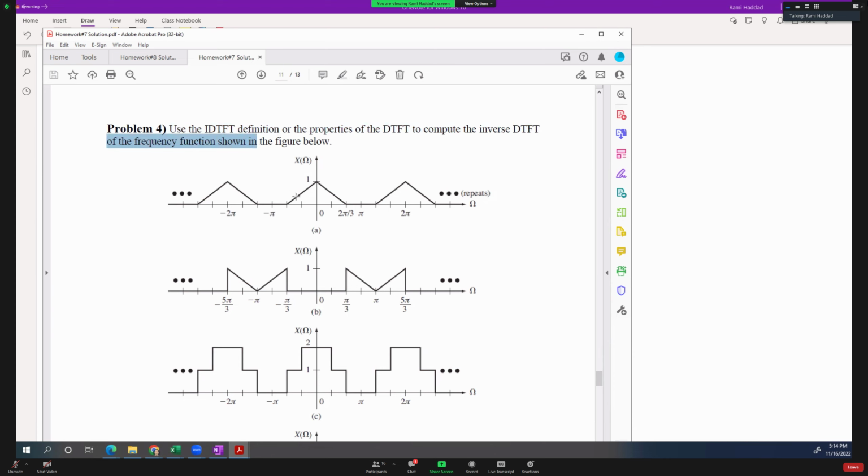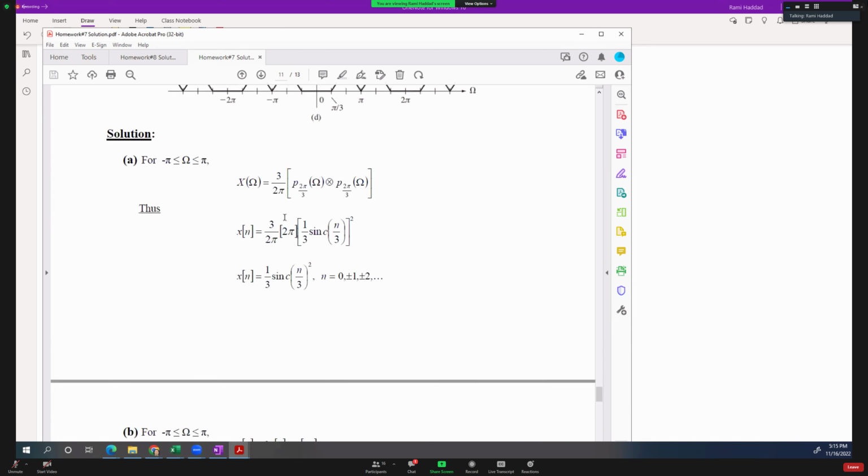So this looks like a triangular shaped function. I know from having done convolution that I can get a triangular shaped function if I take the convolution of 2 pulses. So what I did here, I used the convolution property in the frequency domain.